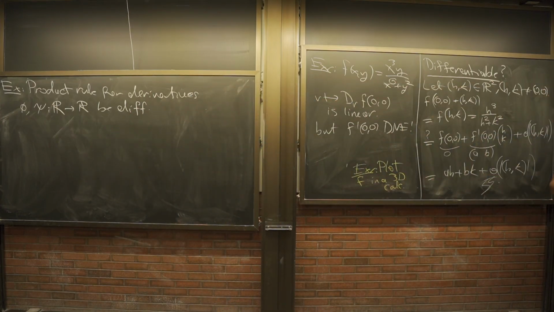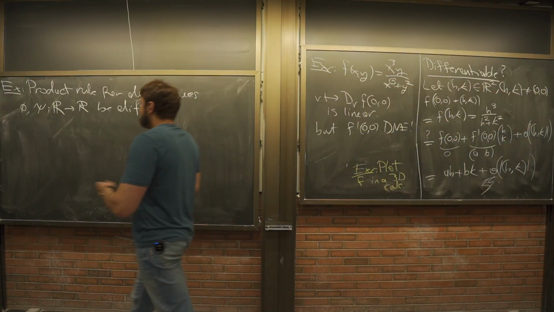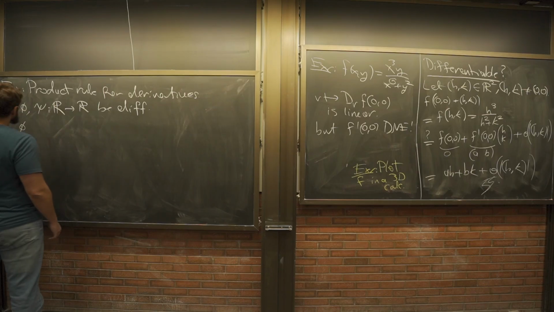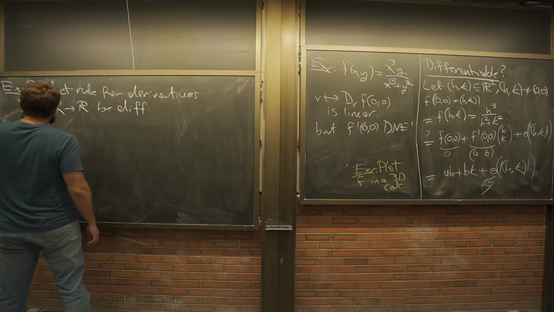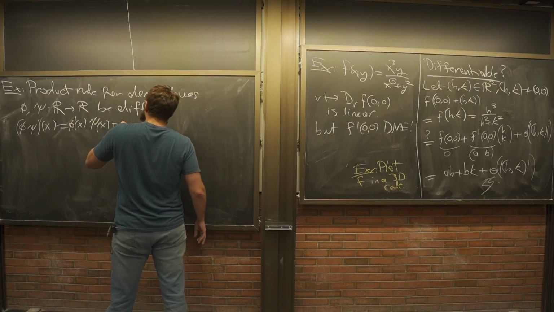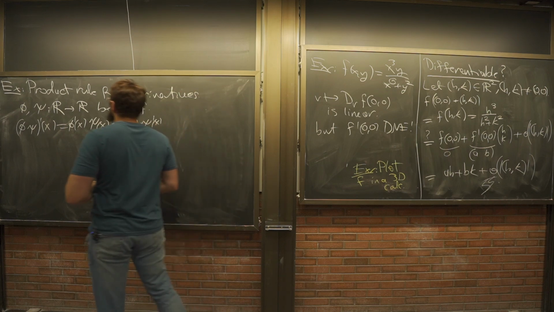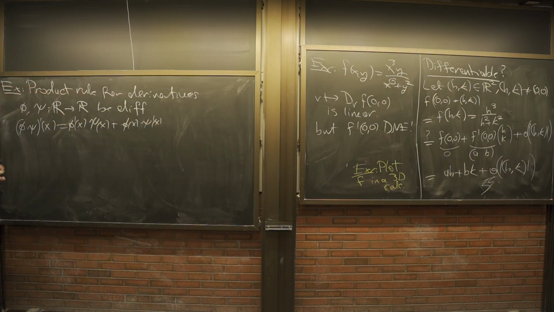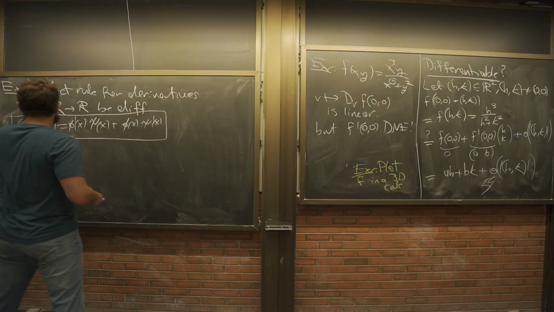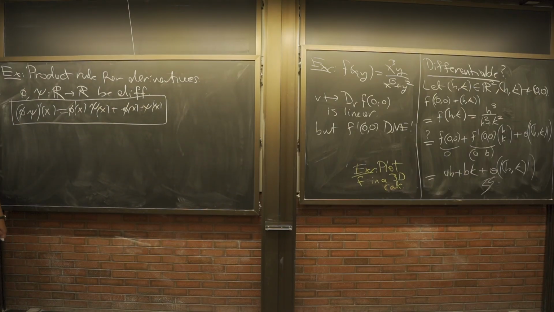These are real valued, single variable functions. We know that the product of the two is differentiable. And we have a certain product rule, or the Leibniz rule. Right? Okay? This you should probably be familiar with. You saw this in calc. You probably proved this in 3210.